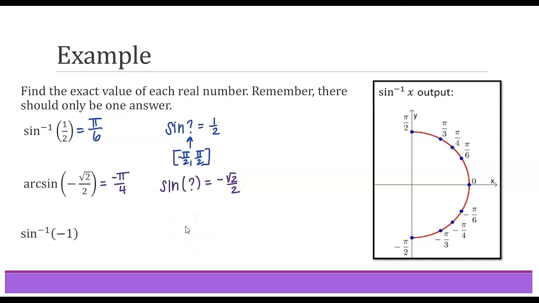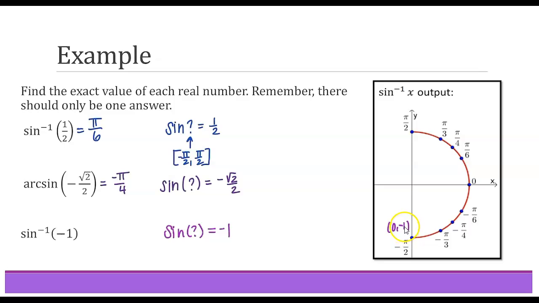And finally, on the last part, we are asked to find sine inverse of negative 1. So again, we're thinking about sine of what value outputs negative 1. So that's going to have to be, again, down here. It's not actually in quadrant 4, it's the quadrantal angle negative pi over 2, because remember this coordinate point is 0, negative 1.